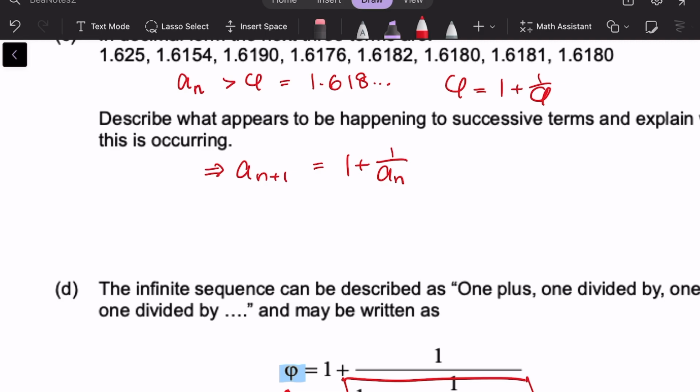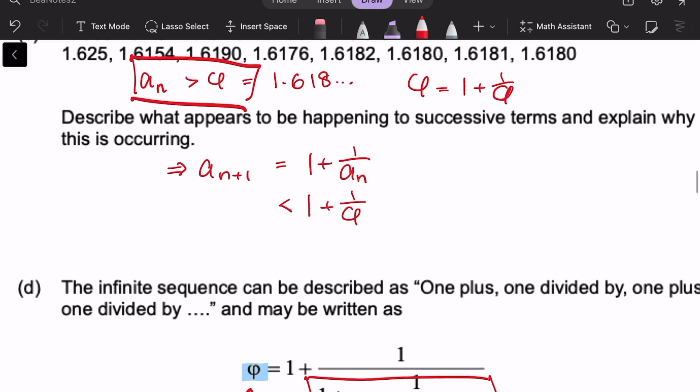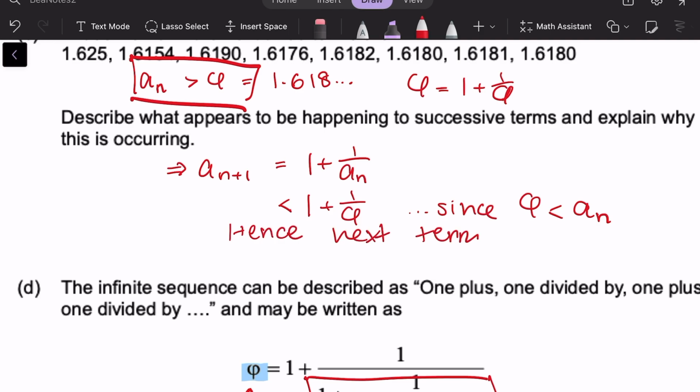And because we said here that an is larger than phi, that means that that entire thing is smaller than 1 plus 1 over phi. Because if we have 1 over a larger denominator, then the overall value of the fraction is smaller. Hence, the next term will be smaller than phi.